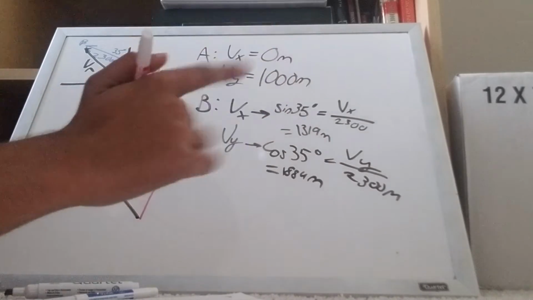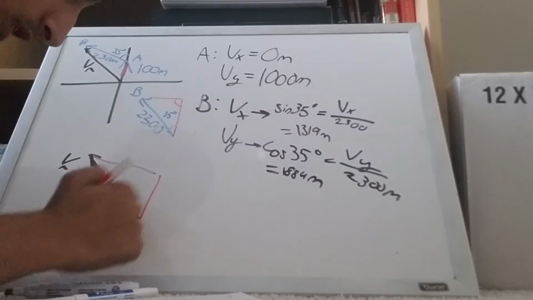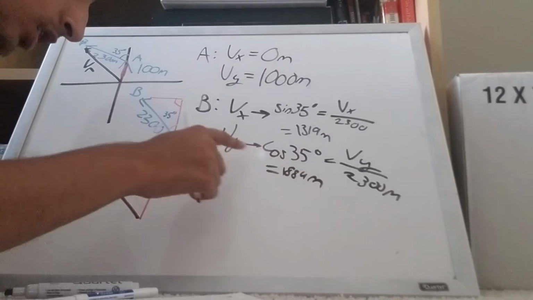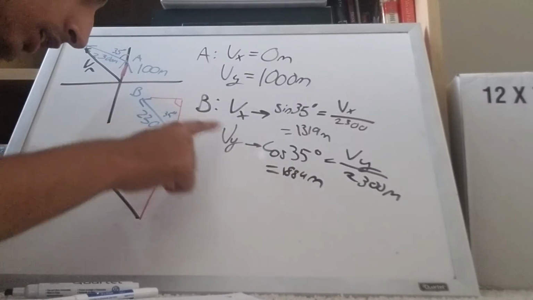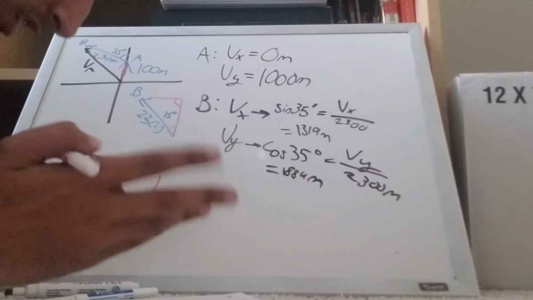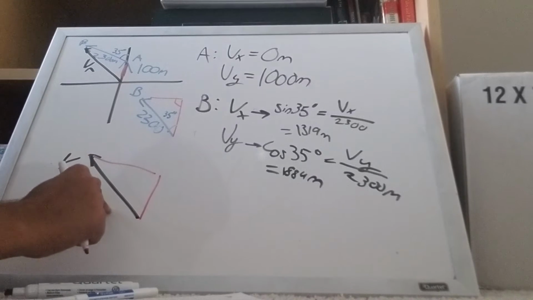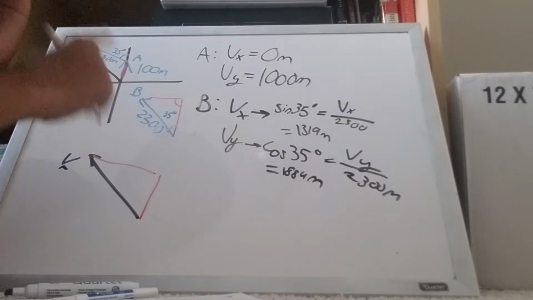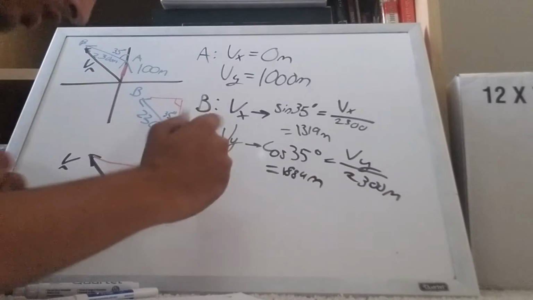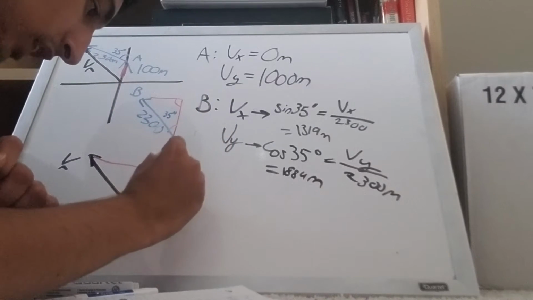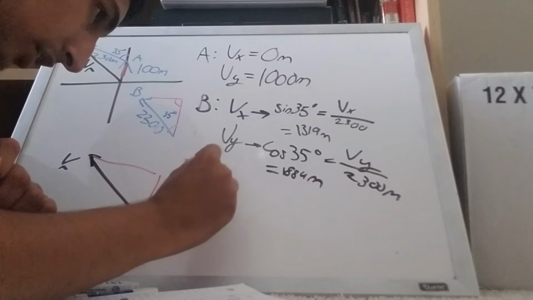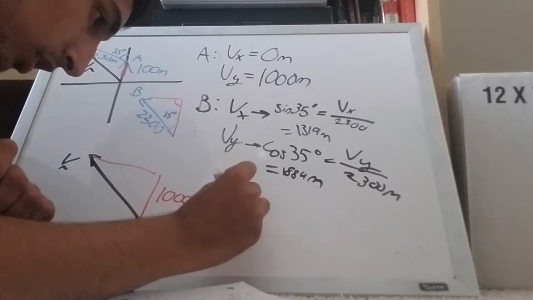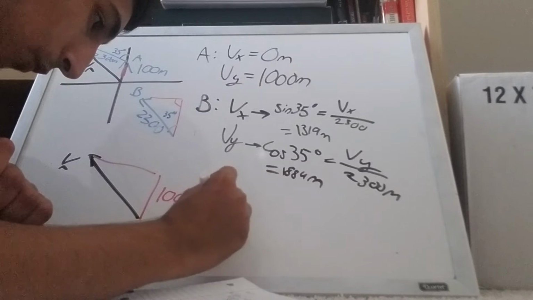So the total change in y for this resultant vector is going to be the sum of Vy for B and Vy for A. Basically, the resultant vector's y component is the sum of the y components of the vectors we're adding. So this is going to be 1000 plus 1884 equals 2884.